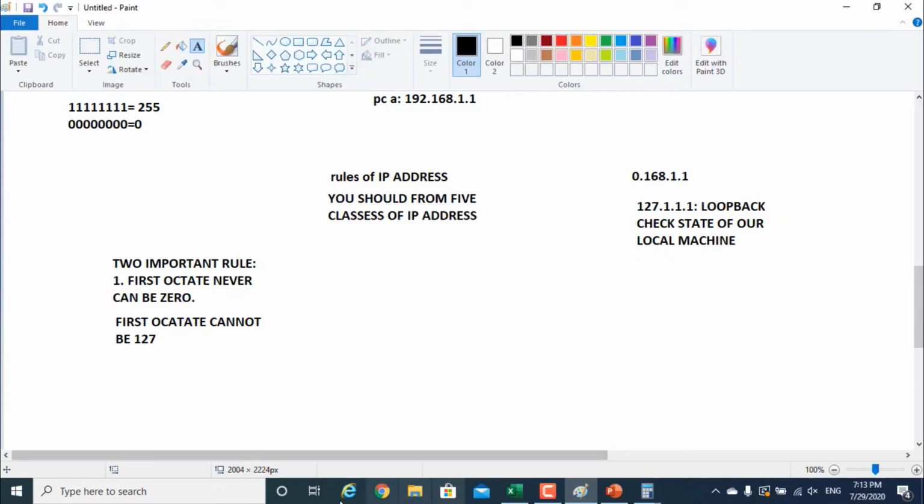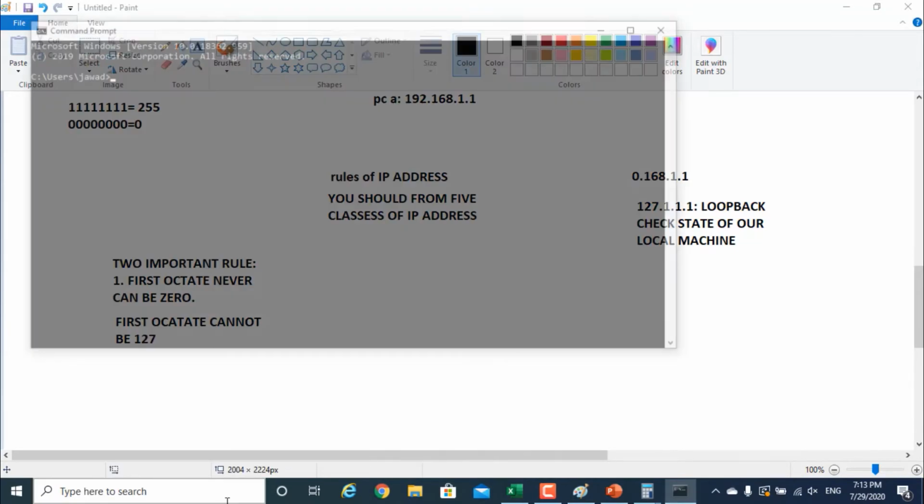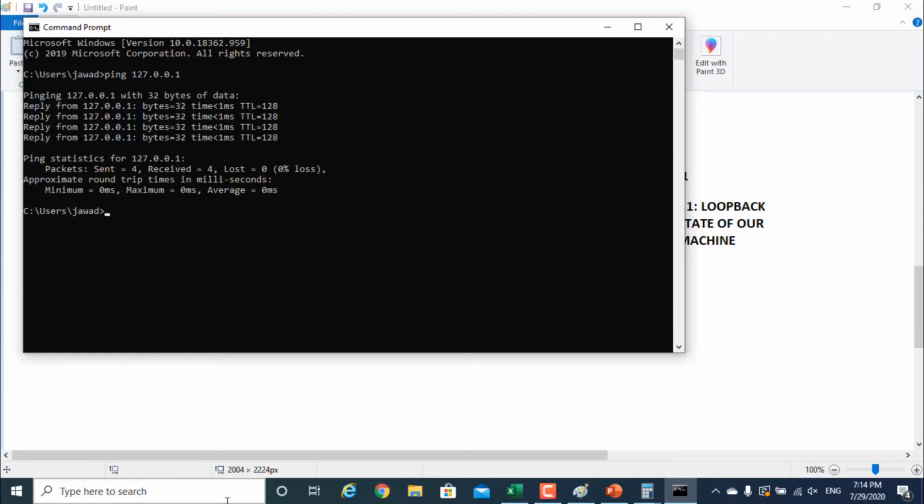I just want to know whether my system is up and running, whether the network in my system is working or not. So I will just type the IP address of my local machine, 127.0.0.1. See, it shows me that the reply is coming from 127, which means you're up and running.